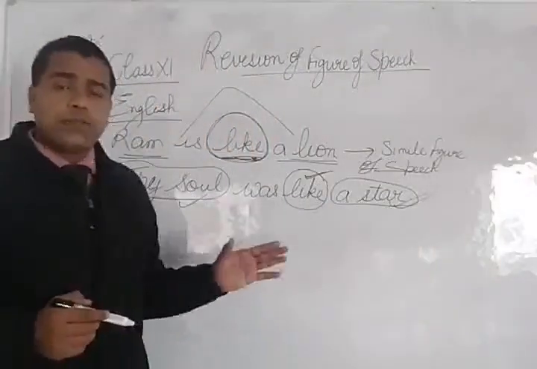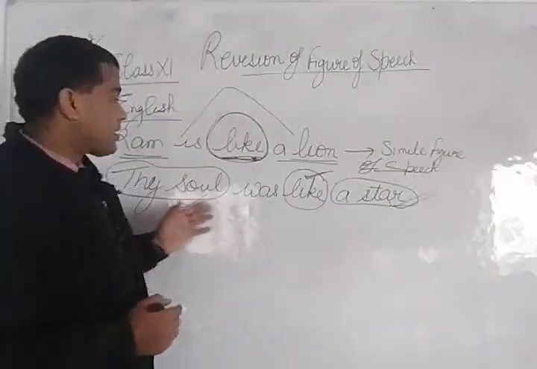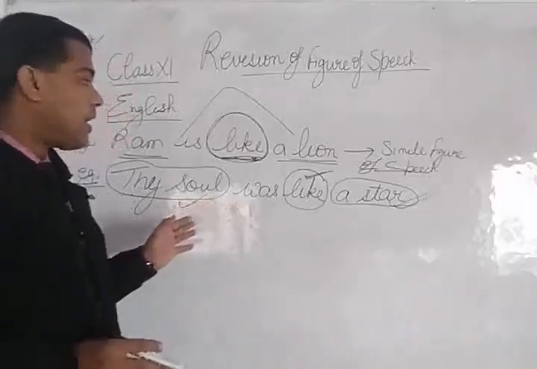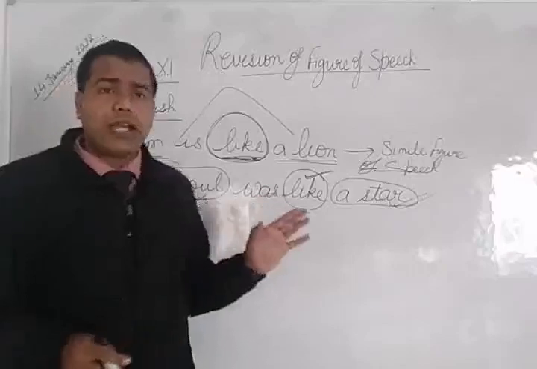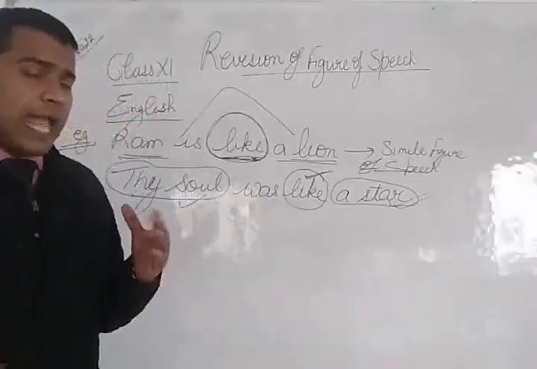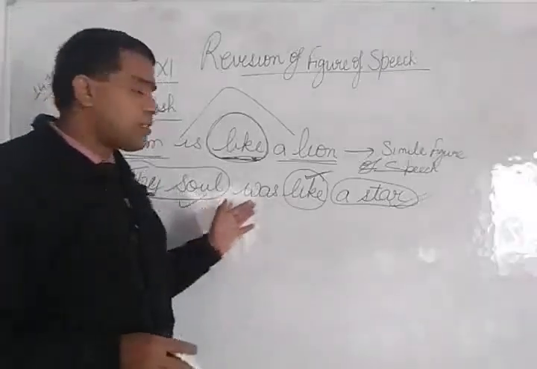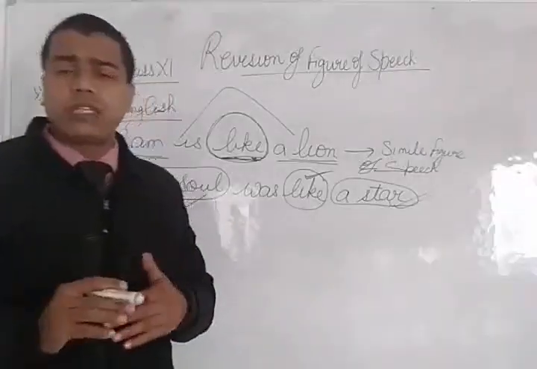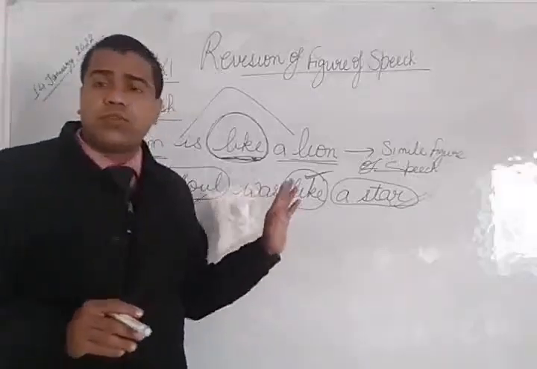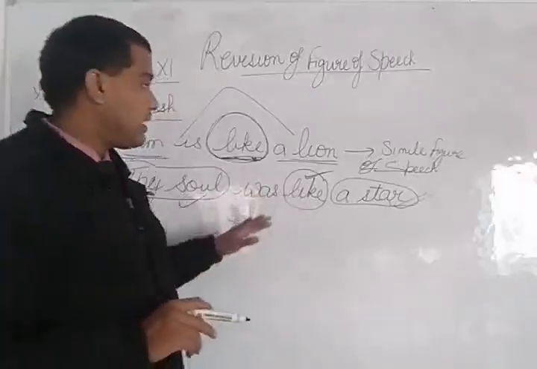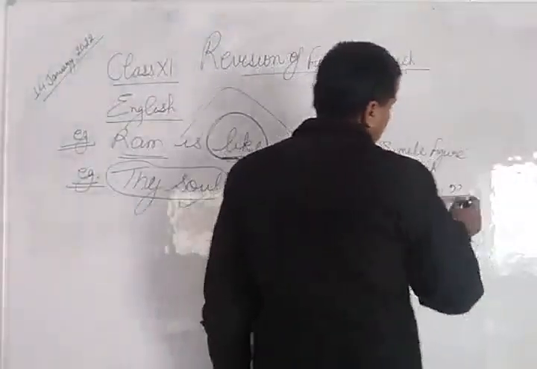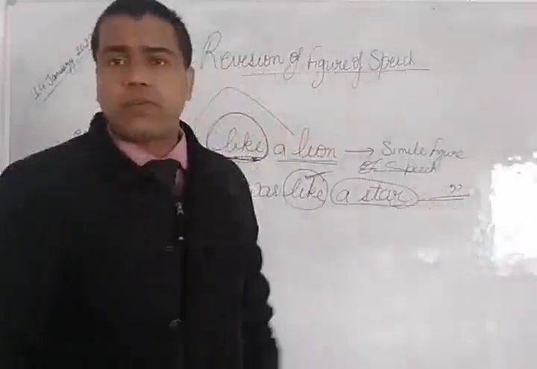One thing is common between thy soul and a star: both are calm and quiet, both live in peace. That's why it is said that thy soul was like a star. And in this we have seen that the simile figure of speech is used.